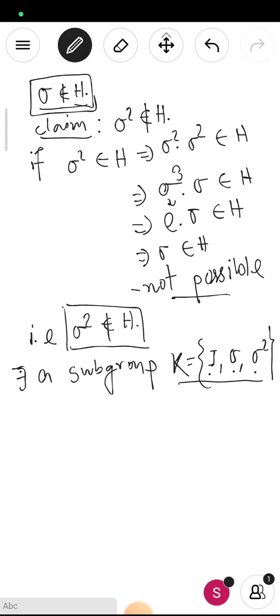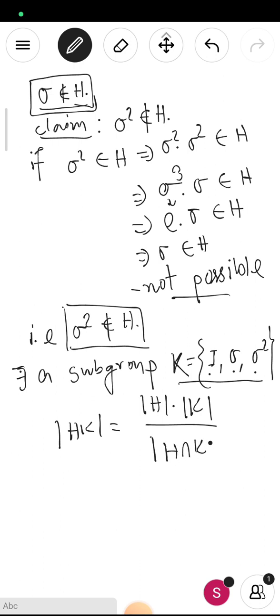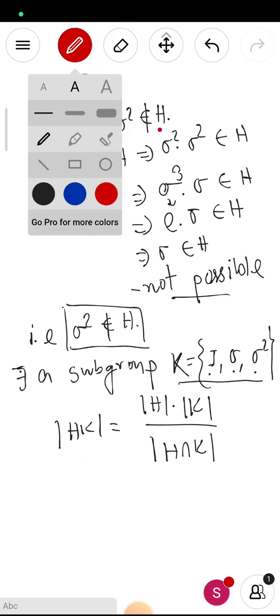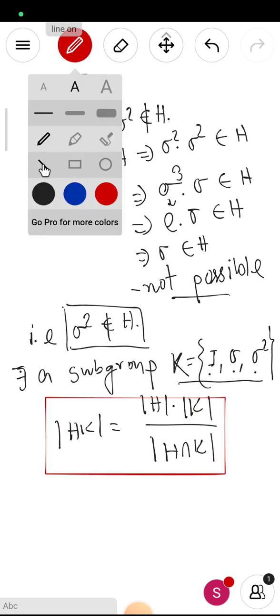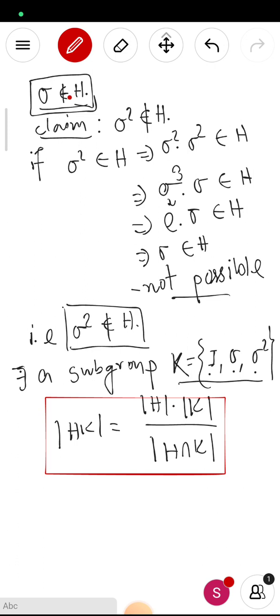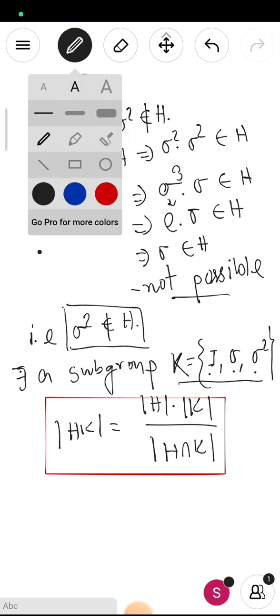Now we know a popular result that the order of HK equals the order of H times the order of K divided by the order of H intersection K. This is a very well known result.